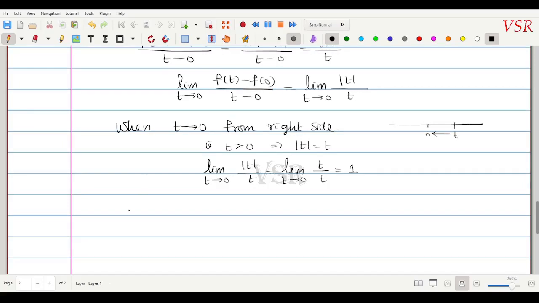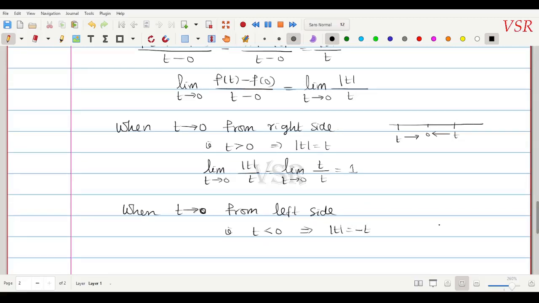Now, when t tends to 0 from the left side, I take t from here, so t is negative. When t is negative, mod t equals minus t.